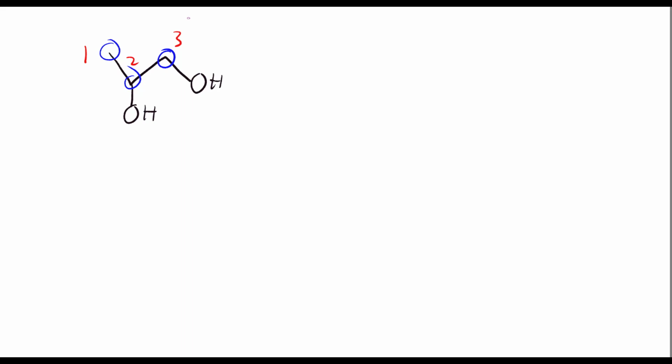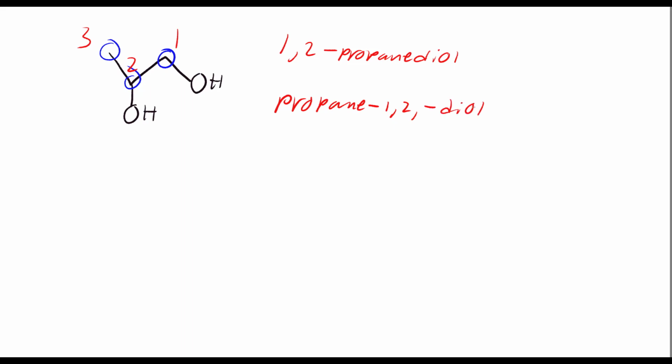So we're going to number it from right to left. So 1, 2, and 3. We have 1, 2. Do we say diol? No, we don't say diol. We say propane diol. And again, we can also say propane 1,2 diol, right?